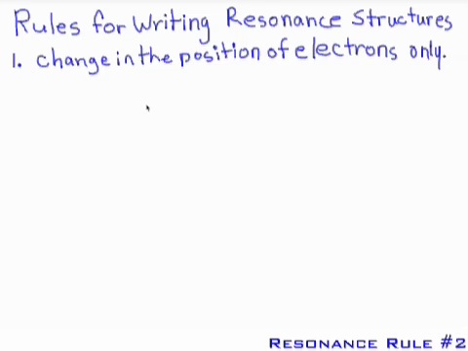Point 2, what electrons can move? Well, only the lone pairs. We only move lone pairs, which are the non-bonding electrons. And pi electrons.